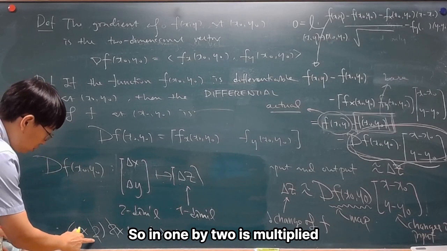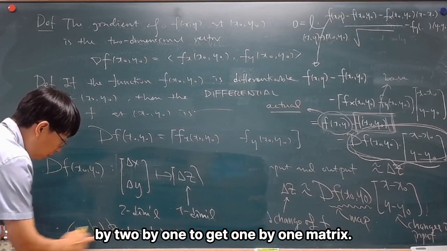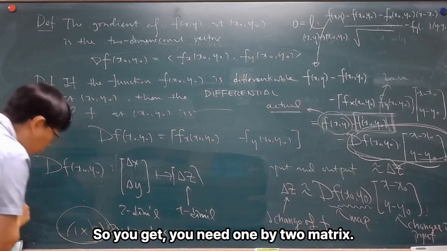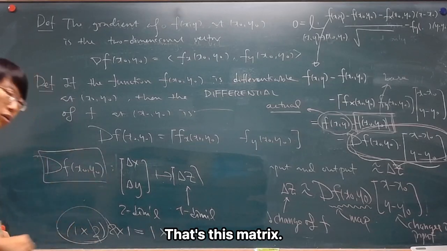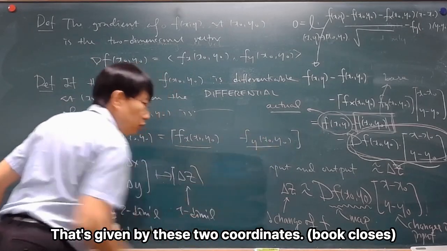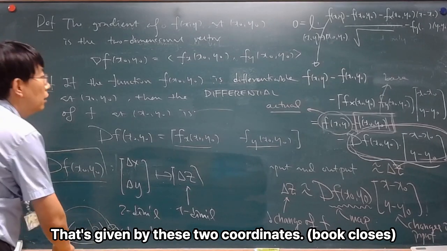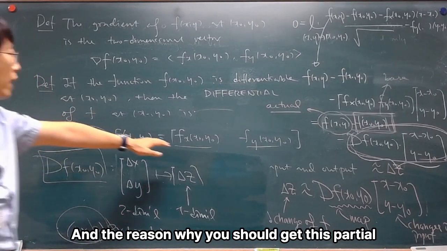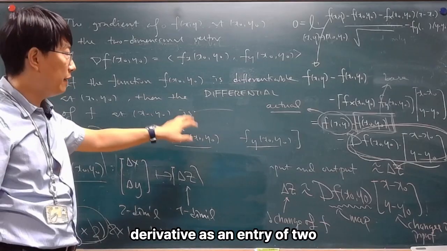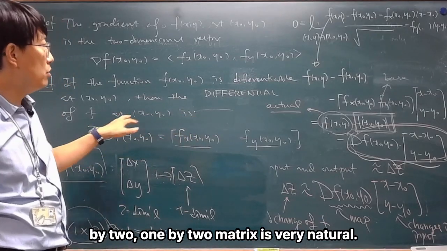So a 1/2 matrix is multiplied by a 2/1 to get a 1/1 matrix. So you need a 1/2 matrix. That's this matrix. That's given by these two coordinates. And the reason why you should get this partial derivative as an entry of a 1/2 matrix is very natural.